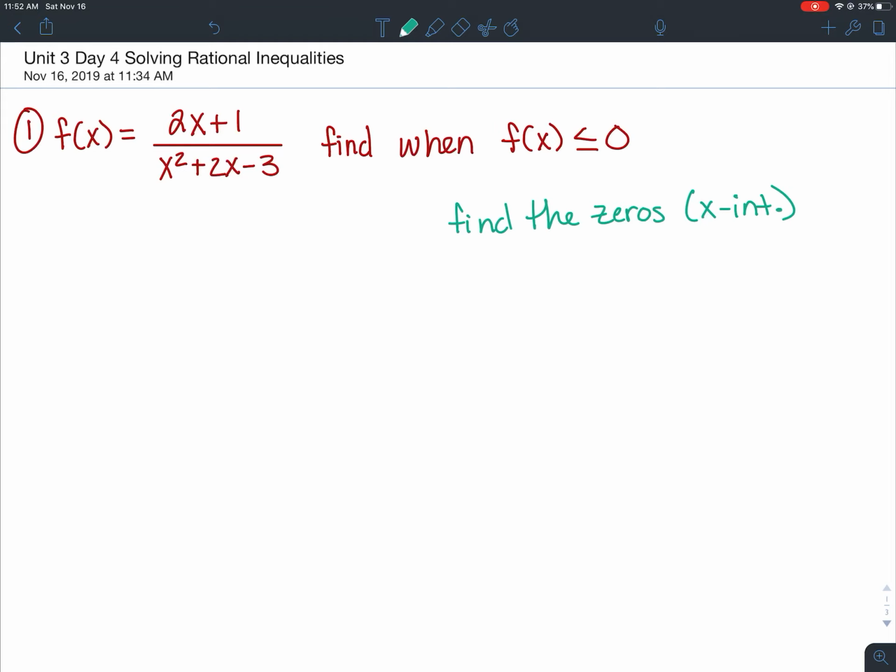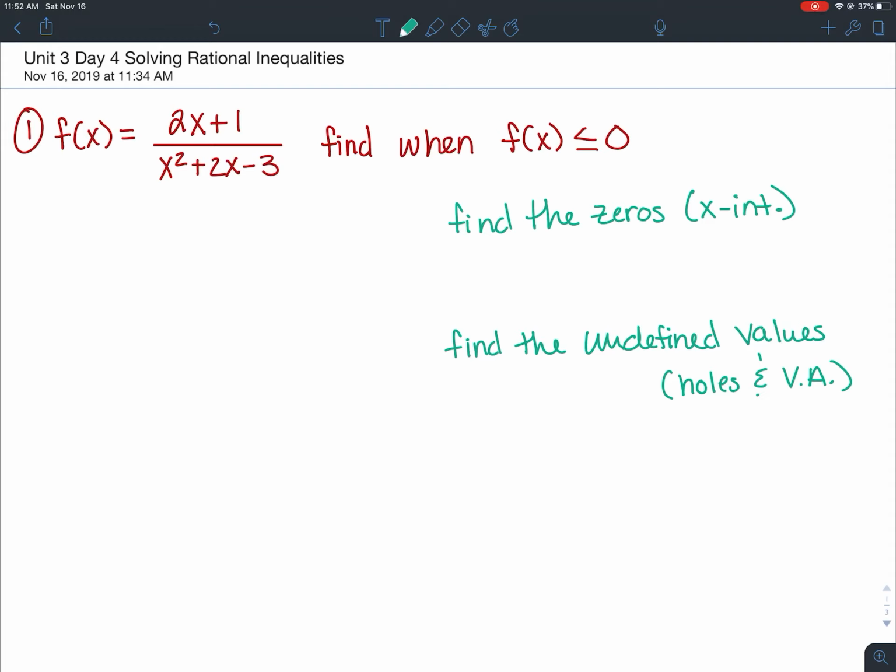The other thing you have to do is find the undefined values. Now remember, that is my holes and vertical asymptotes. We need to find all of those as well.